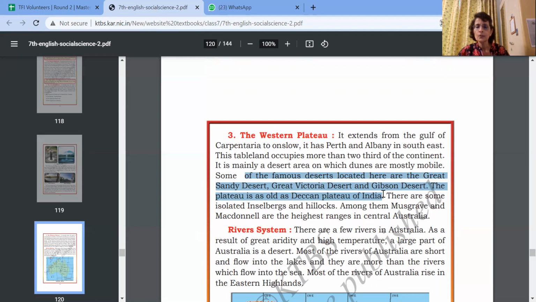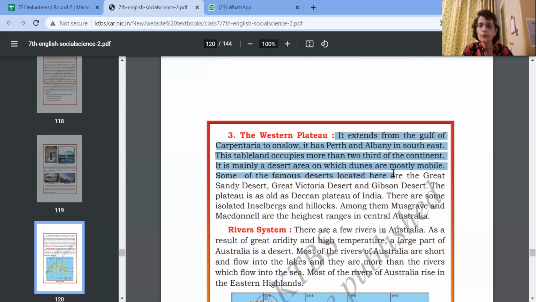Okay, so there are some isolated inselbergs and hillocks, among them Musgrave. I think these points from here to here are important. So from here to here is basically what you mark here. Okay, these are the important points here.